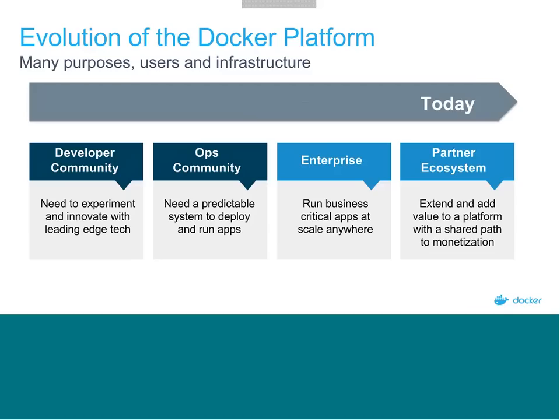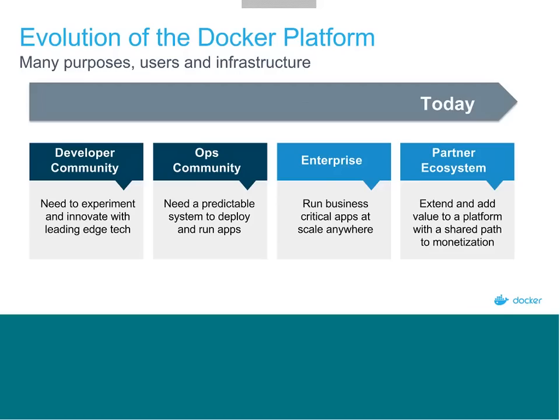There's still a huge developer community segment that appreciates Docker for just making their day-to-day development easier. Docker is also used heavily by ops for building reliable CI and CD pipelines and to reliably run apps in production at scale.